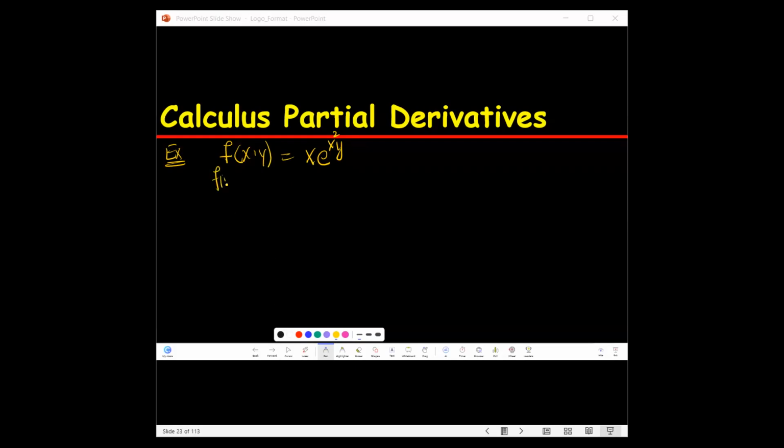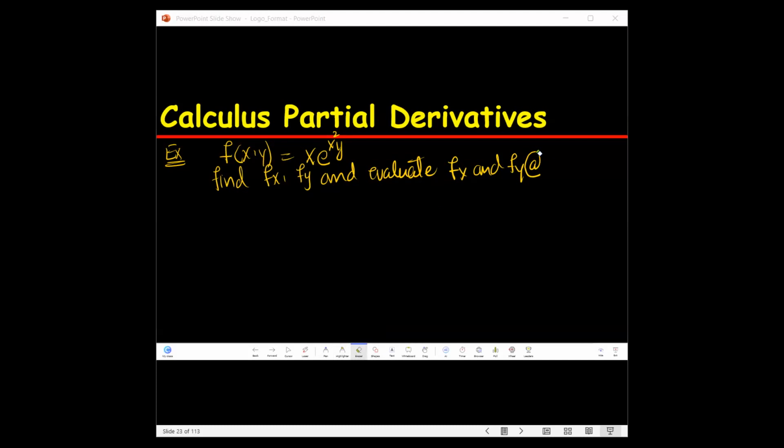We need to find fx, fy, and evaluate fx and fy at a given point. So we need to calculate fx and fy at this point, 1 comma ln 2. This is a point. Okay, so let me do it.